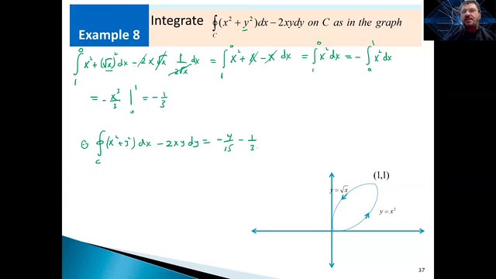We can multiply this one by 5 and here by 5. So what do we get? We get minus 4/15 and minus 5/15. And the answer is minus 9/15 joules. This is the work done on this object.